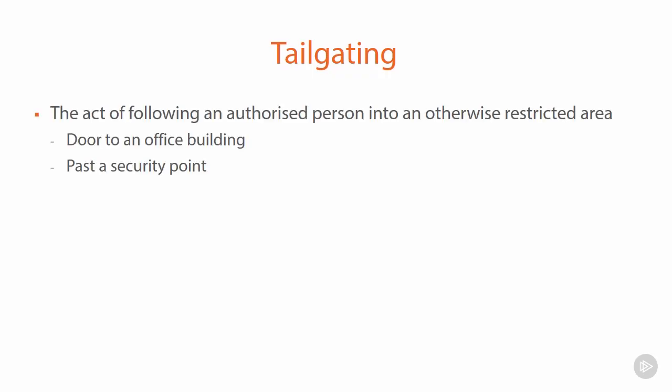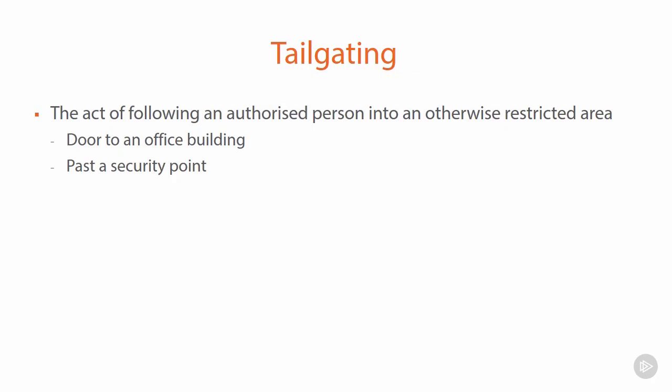Now, when we talk about tailgating in this context, we're talking about following an authorized person into an otherwise restricted area. So this is very much the attacker simply latching on to the tail of the victim. So they're literally going to follow them through a door into the office building or past a security point. They're gaining access to a location which they couldn't otherwise do without following someone else through the entry.